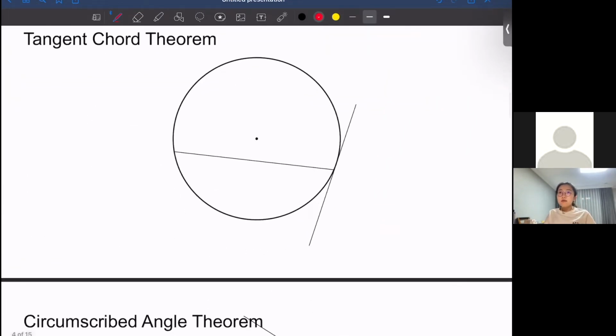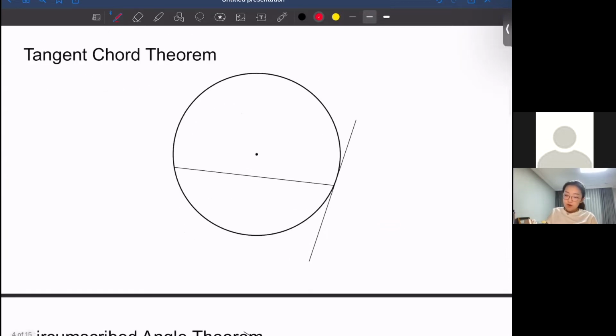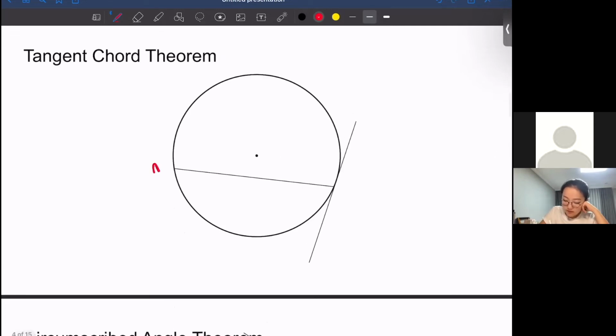And the next theorem is called the tangent chord theorem. A chord is a segment that has two ends on the circumference of a circle. Let's label the points.